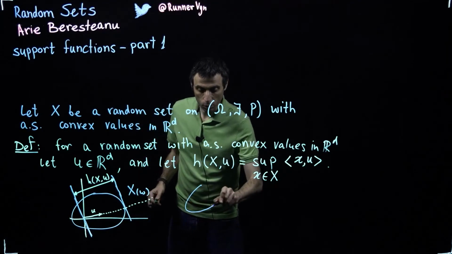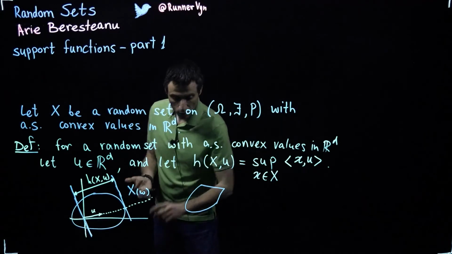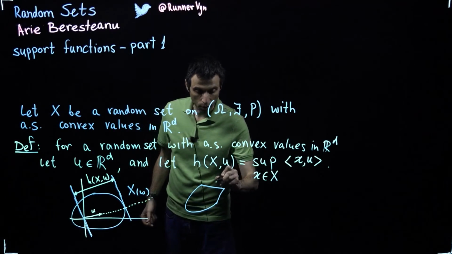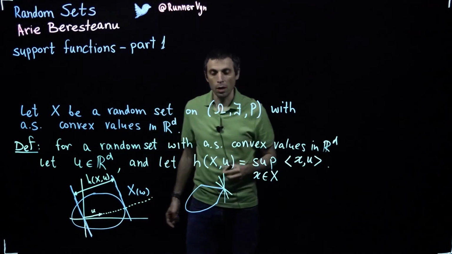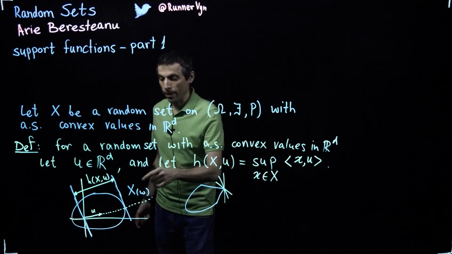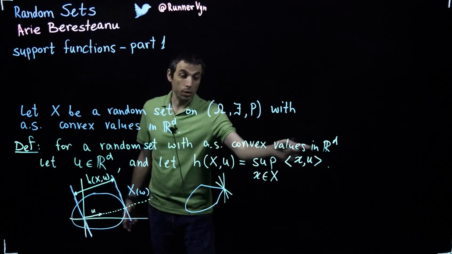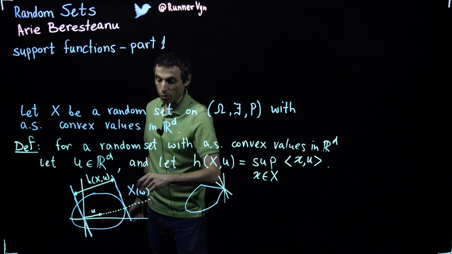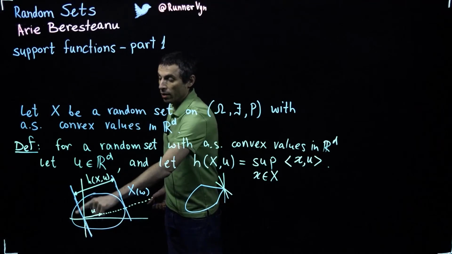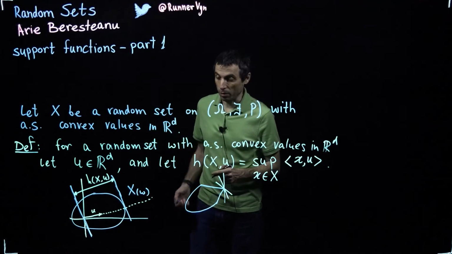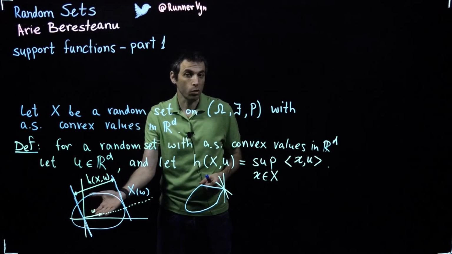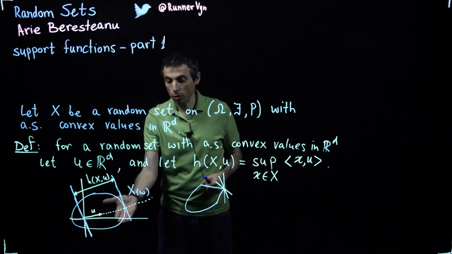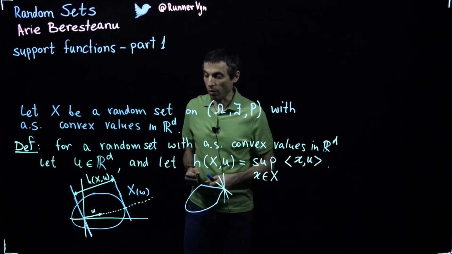If the set would look like this and we chose this direction, we could have a lot of tangents here, and so it's not unique. I can still find the supremum, but that's not going to give me a picture of the set. So if the set is convex, I can draw, so to speak, the convex set using the support function.